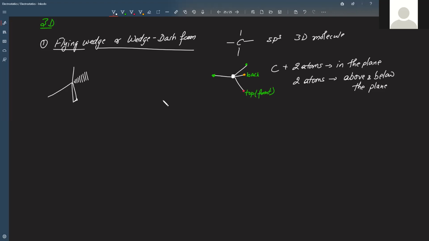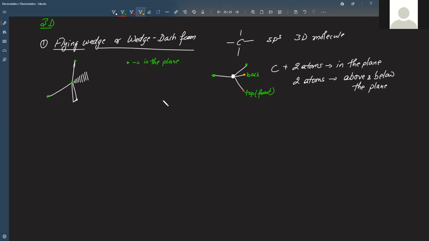What you are seeing here is the central junction, which is the central carbon atom in the plane, and the straight lines which are there are also in the plane. So these two are in the plane. The ones shown here in green are actually in the plane.